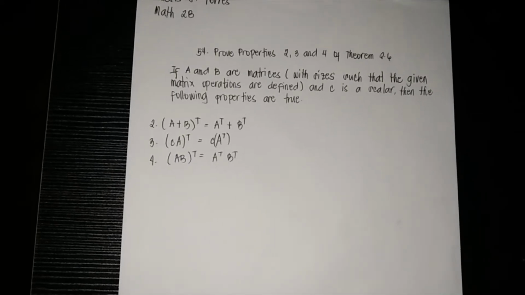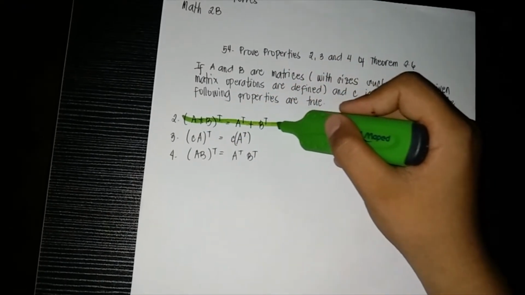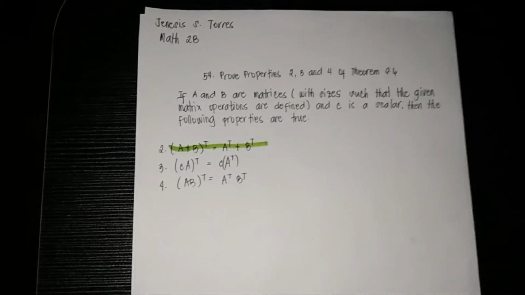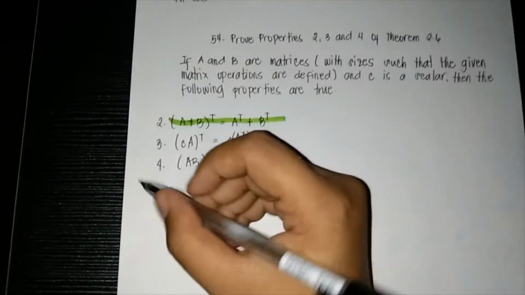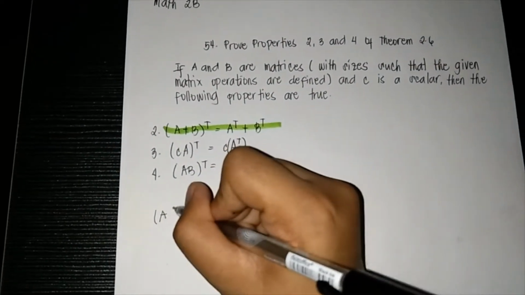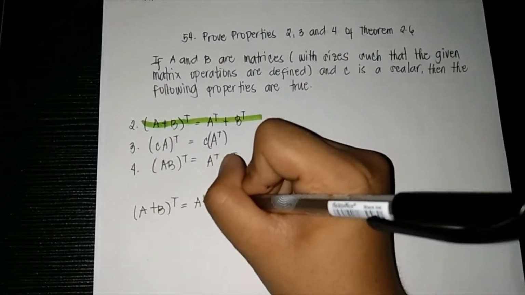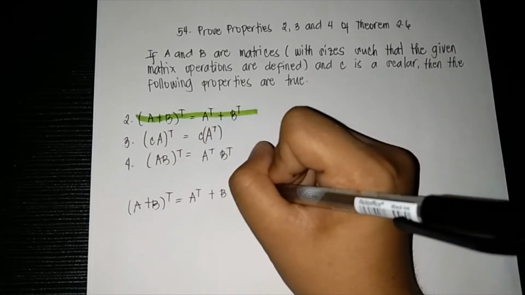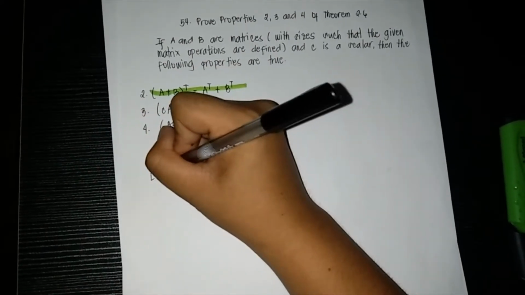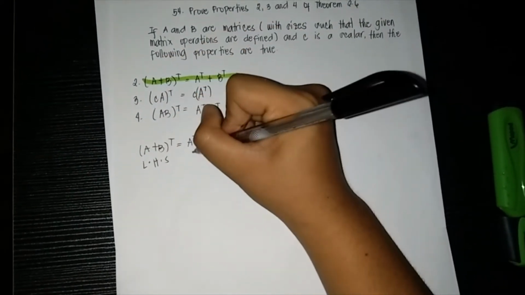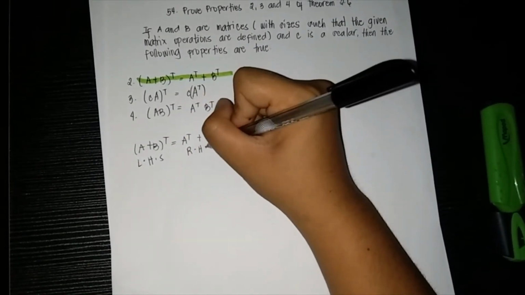So, let's begin to answer number 2, which is (A plus B) transpose equals A transpose plus B transpose. Let me write it on the bottom. So we have left hand side and right hand side.